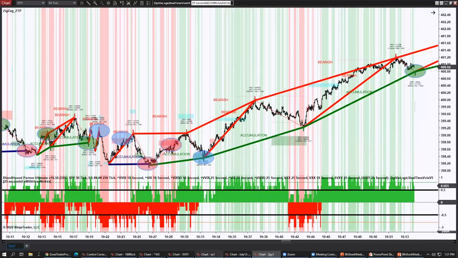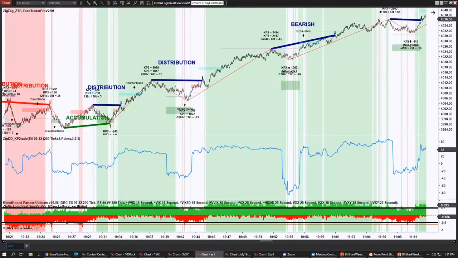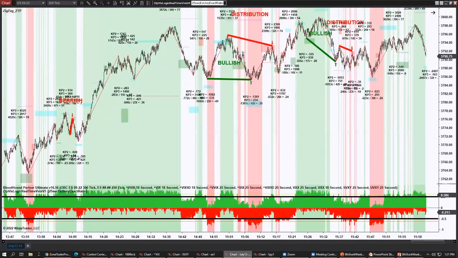Now, I don't track the MES here, and I don't want it on the chart. I want the ES on the chart, but I do trade it, and I adjust my risk based on high risk, low risk, regular risk. So I highly encourage the use of the micro contract with this strategy.